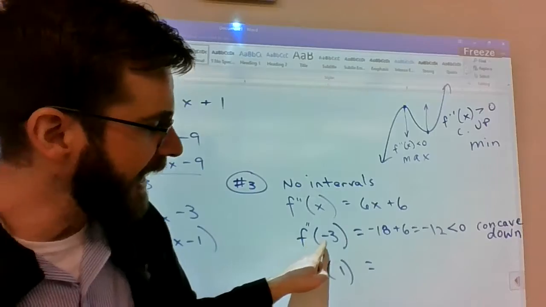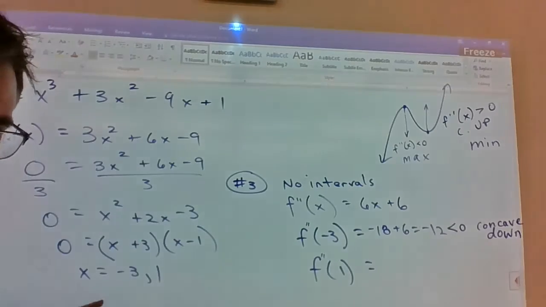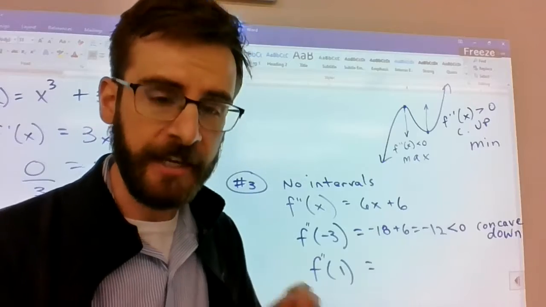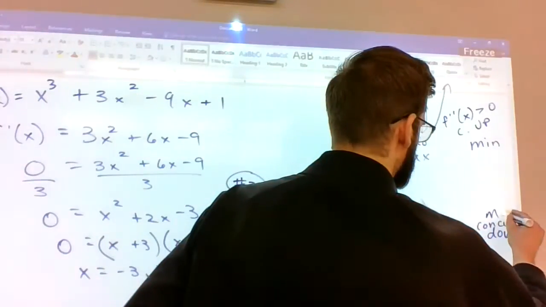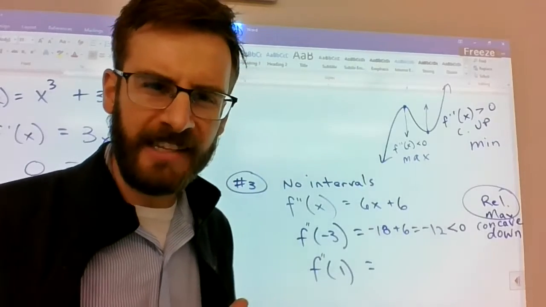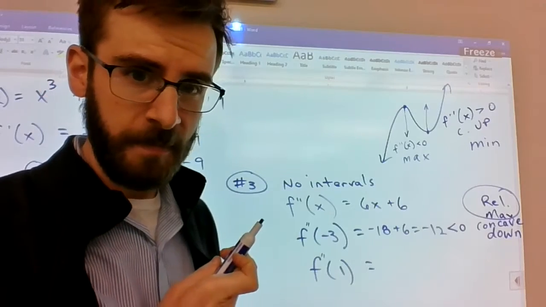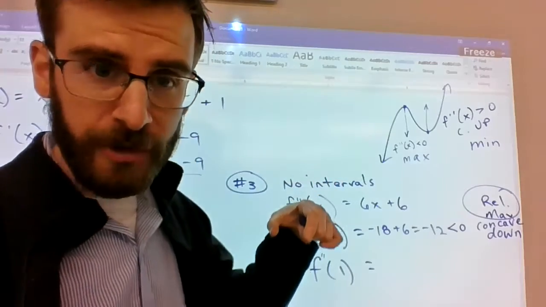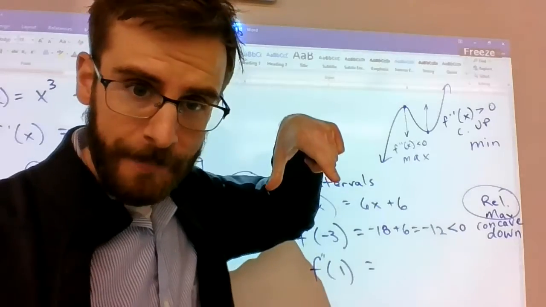When the second derivative at a specific point, one that's been confirmed to be one of the critical numbers from the first derivative, is less than 0, it is a max value. Computationally that might seem a little backwards, because I got a negative number and now it's a max. But hopefully that makes sense, because if you understand concavity, concave down means I have to start from the top to move downward.